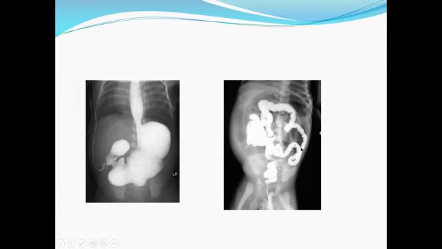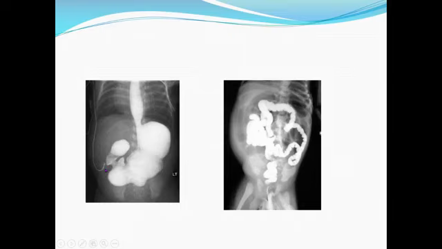This is a contrast X-ray of the GIT. Here you can see the contrast has not passed beyond the duodenal cap, the first part of the duodenum, and no dye has passed beyond that portion.